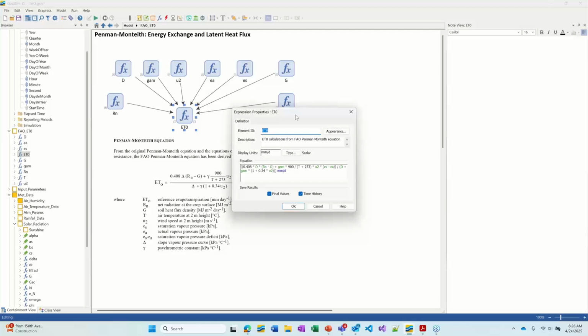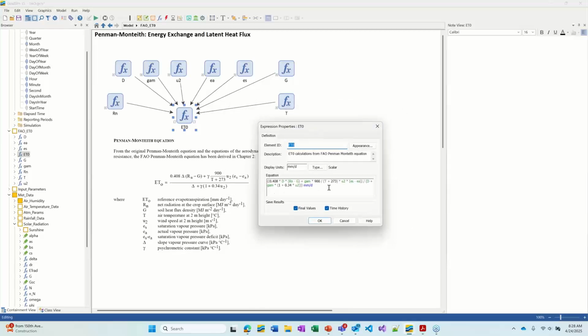See, there's the same equation right there. And then because it's unitless, I add at the end, I cast the units back on, and you do that by just putting millimeters per day. Note, if you do this kind of thing, then the entire equation must be encapsulated within parentheses, just to make sure that it's applied to the whole thing.